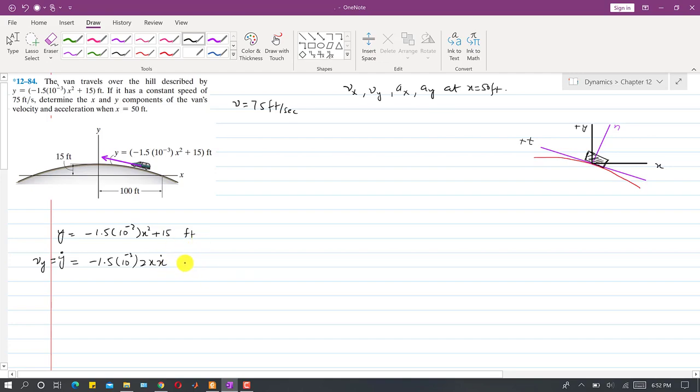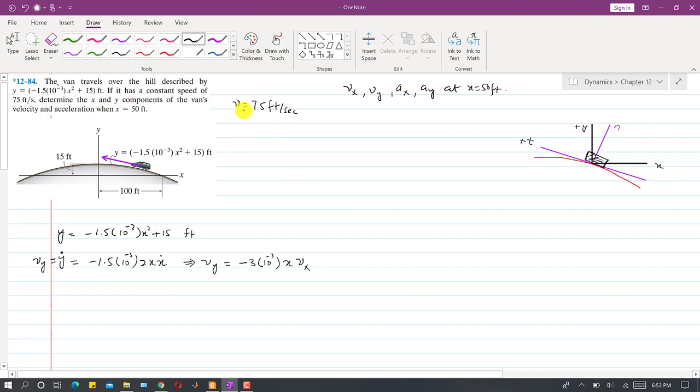So this equation comes out to be y dot, that is vy, equal to 2 into minus 1.5, so 2 into 1.5 will become 3, so minus 3 into 10 raised to the power minus 3, and then x, and x dot is vx. So x dot is the velocity component in the x direction.